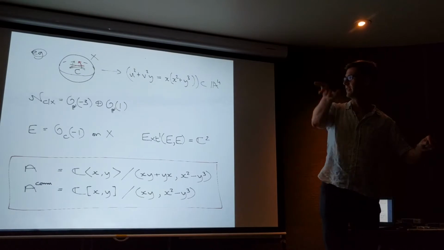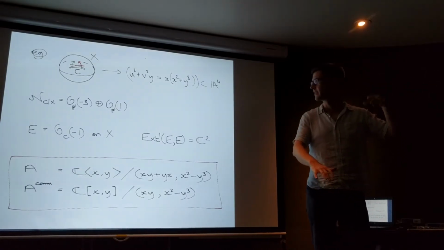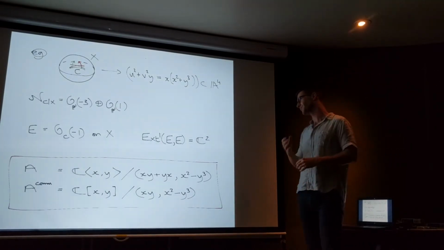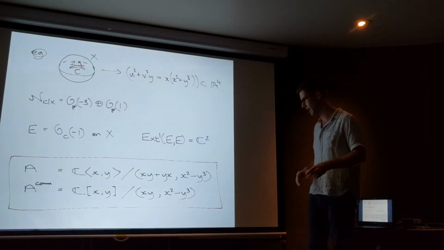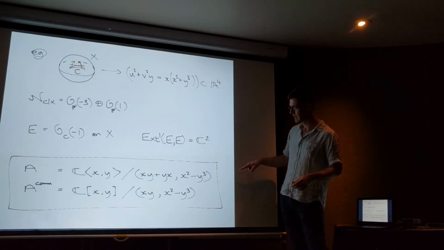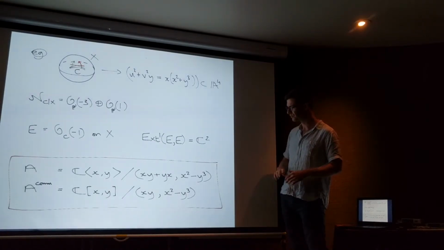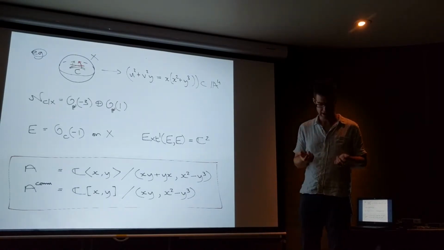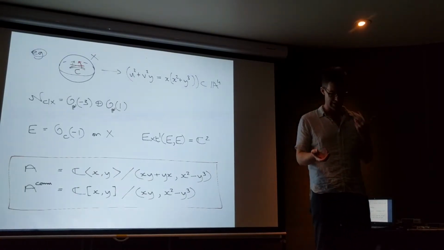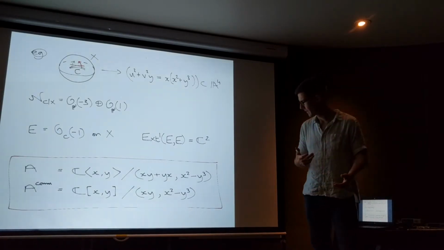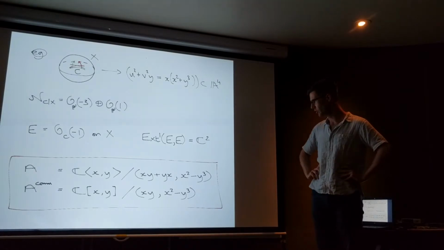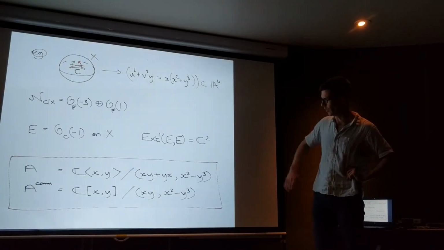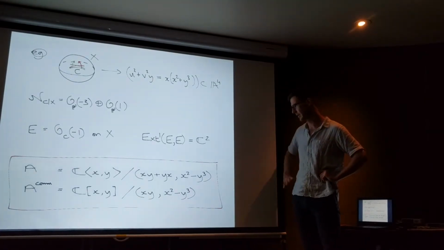So red fixes the north pole, maybe, and green fixes the south pole. And I perform this procedure, and I get this result for A. That's generated by x and y, which in this case anti-commute, with this single relation, x squared minus y cubed. So we call this jokingly the quantum cusp.